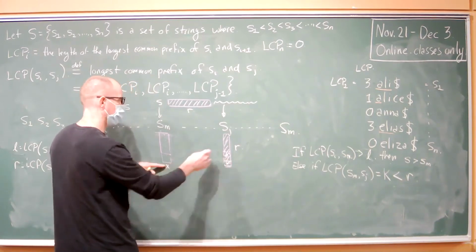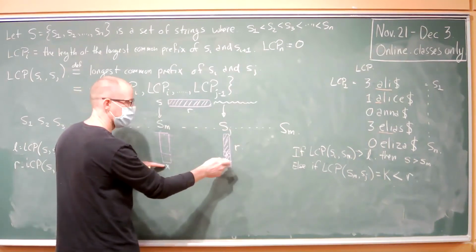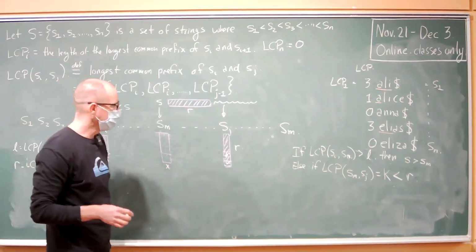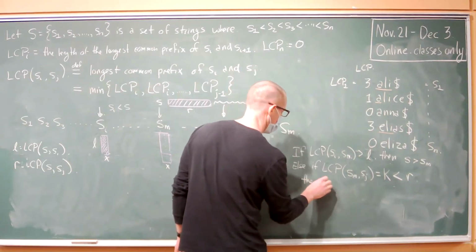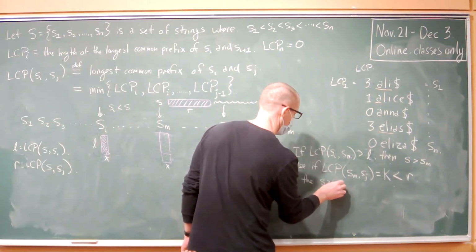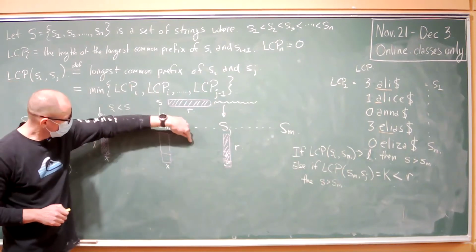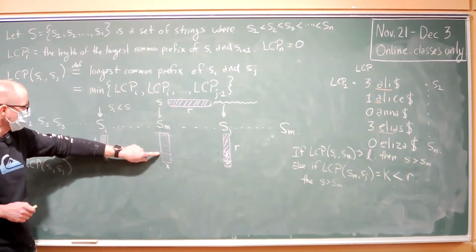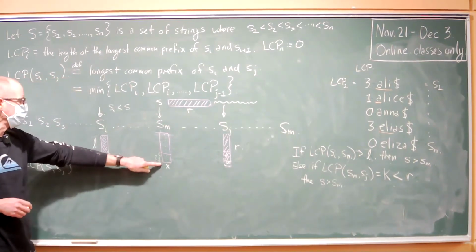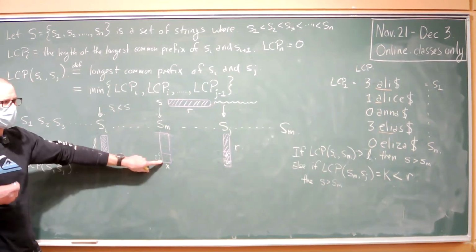So this one is smaller, this one is bigger, and S itself actually has an X prime here, so it's bigger than this one. So if that happens, then we know that S is bigger than SM. And again, we're going to be working on this side, and the time that took us was whatever number of extra characters we matched here, these T characters, but the length of the left side in this case increased by T again.